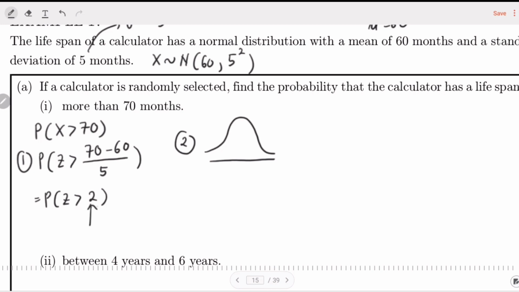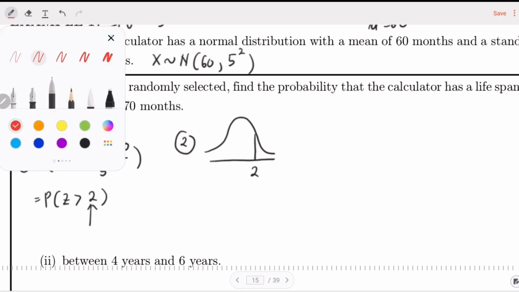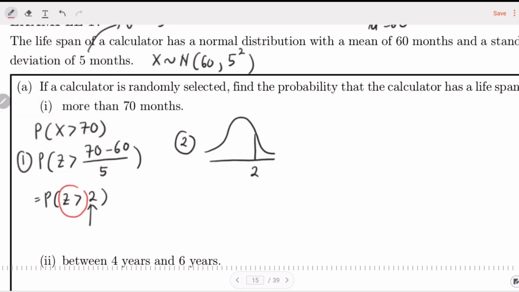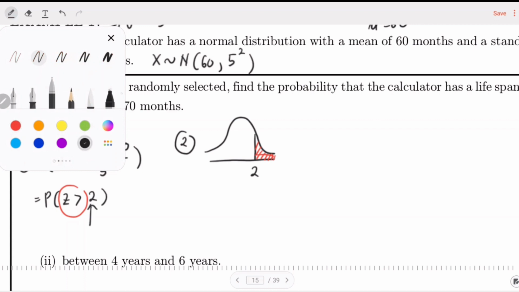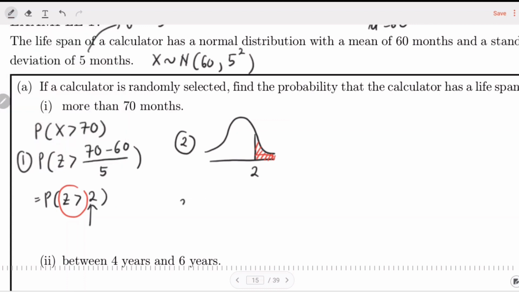The second step is to sketch the bell shape. Since our Z is positive, it's going to be on the right side. And then the shaded region for Z greater than is going to the right. That is our shaded region. The third step is to identify whether we need to put 1 minus or not. For this example, we don't need to put 1 minus since we didn't shade the middle part of our bell shape.